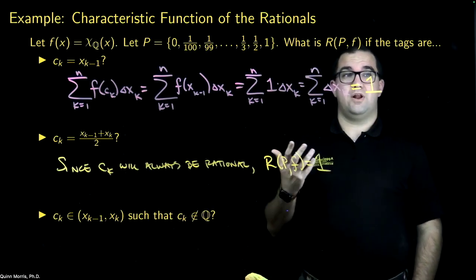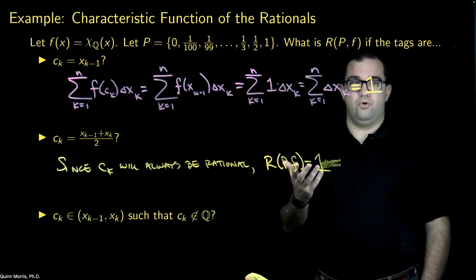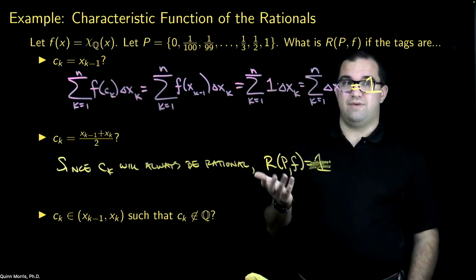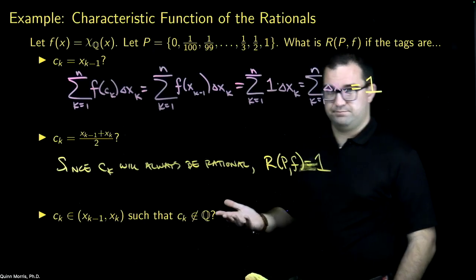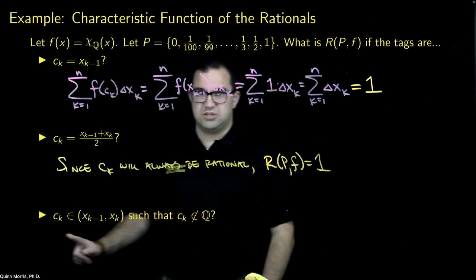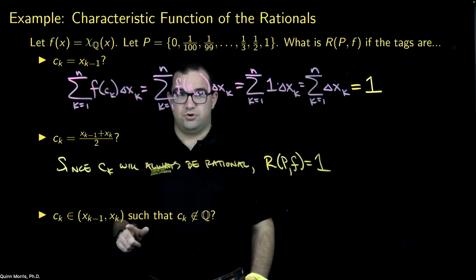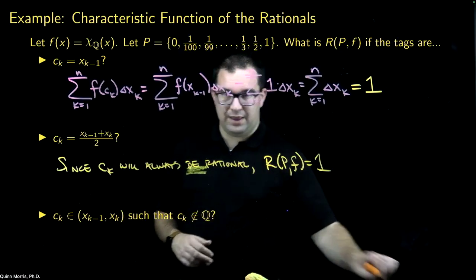Well, we actually proved in a homework, right, that any open interval contains at least one rational and irrational value. And in fact, as soon as you have at least one, you actually have infinitely many. Okay. So in this open interval, there's always going to be at least one irrational value that I can choose to be my C sub k. So say I choose my tags that way.